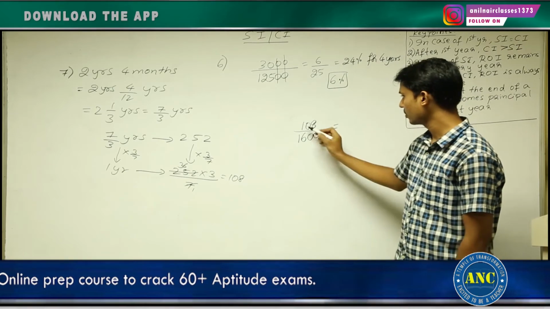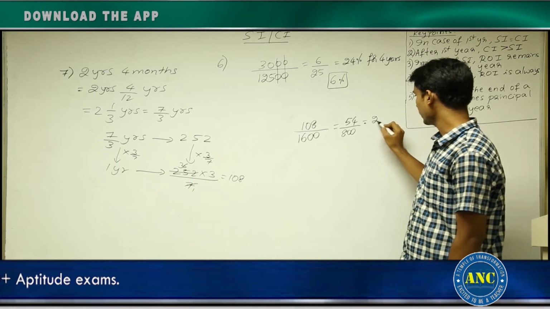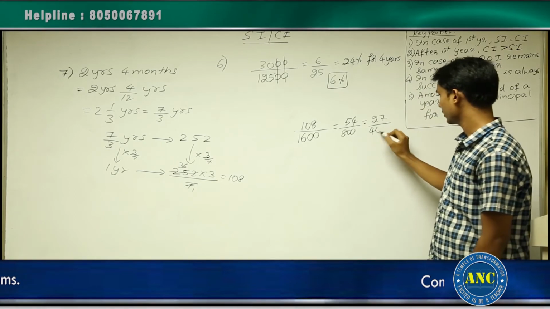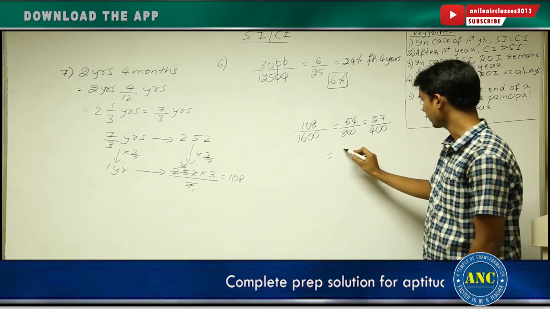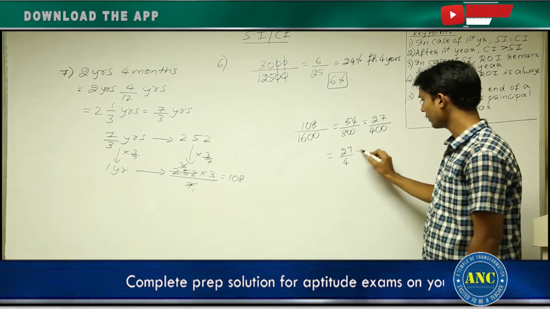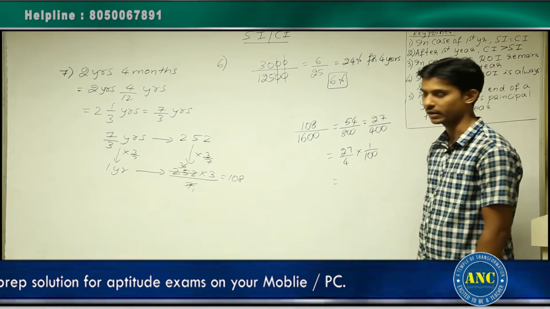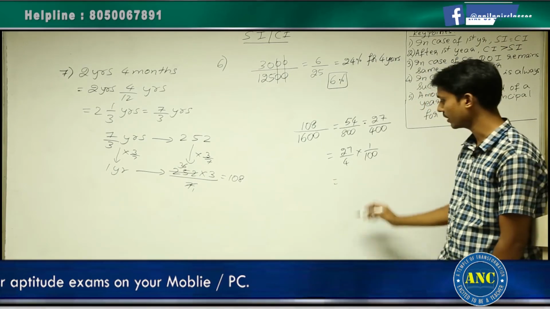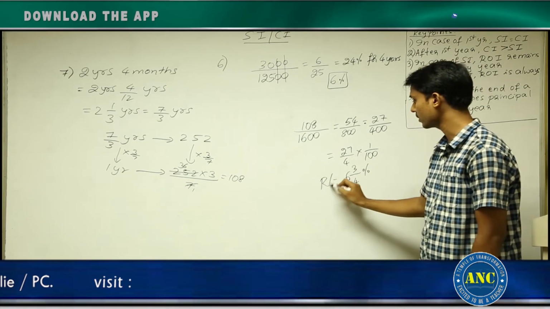How much will you get? So it will be 54 by 800 or 27 by 400. Can I write this 27 by 400 as 27 by 4 into 1 by 100? 27 by 4 is nothing but 6 3 by 4. 1 by 100 is nothing but percentage. So rate of interest is 6 3 by 4%.